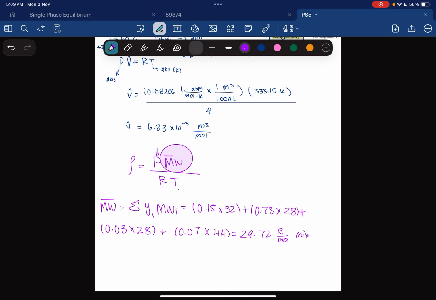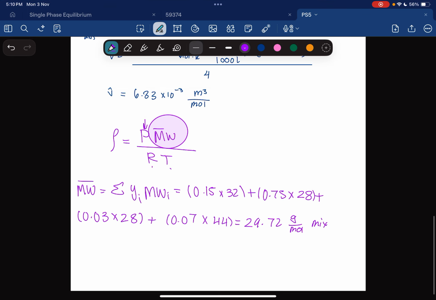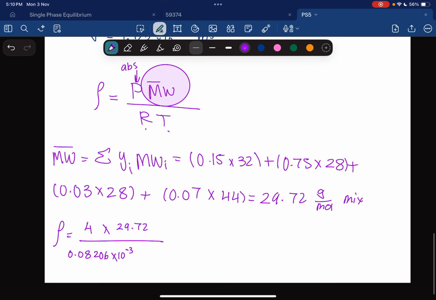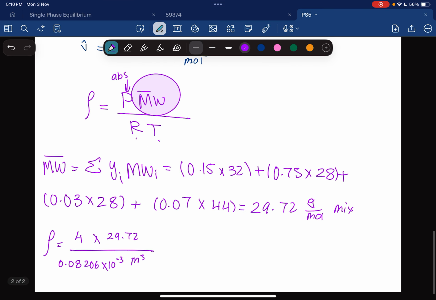Okay, so we just substitute this into the formula. Again, keep in mind that this is the absolute pressure. So 4 atm times 29.72 over the gas constant. And again, I will keep my gas constant in meter cubed.